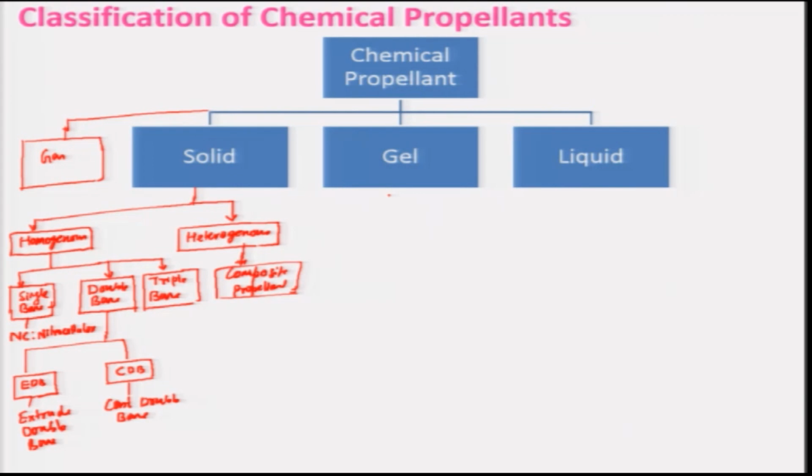It will be thixotropic gel which is being utilized, so that when it is subjected to pressure, it will be converted into liquid, and then this liquid can be atomized and you can use it as a propellant. So, gel propellant can also be divided based on the liquid, because gel is generally prepared from the liquid propellant.